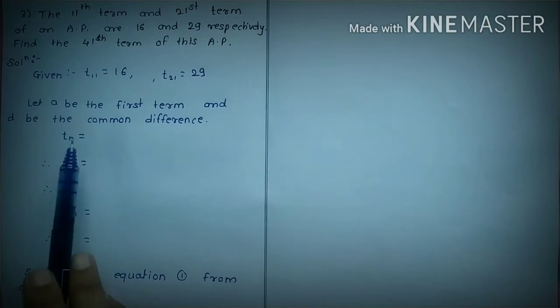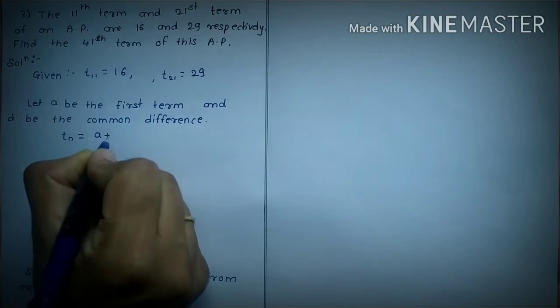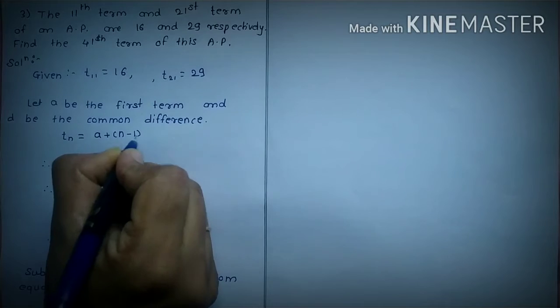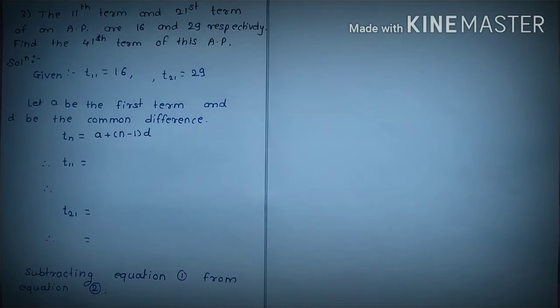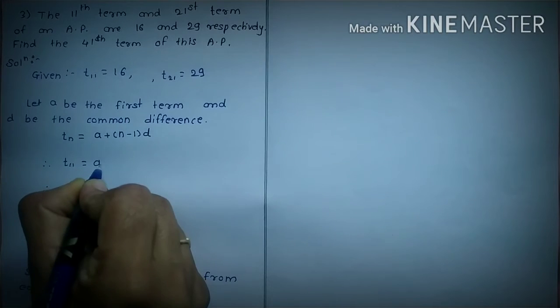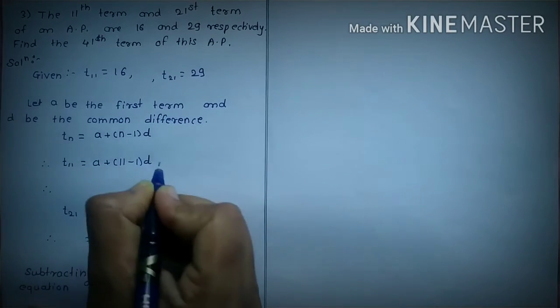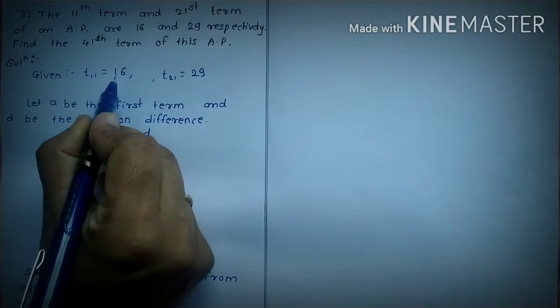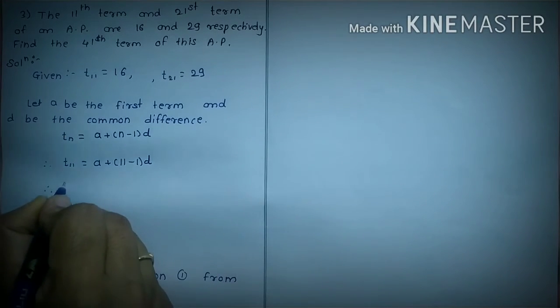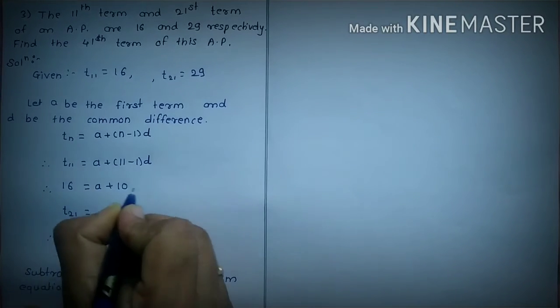Then you know the formula for Tn equal to A plus n minus 1 into D. Here T11 is given, that means n is 11. Substitute here. T11 equal to A plus 11 minus 1 into D. And T11 is given as 16. Therefore 16 equal to A plus 10D.